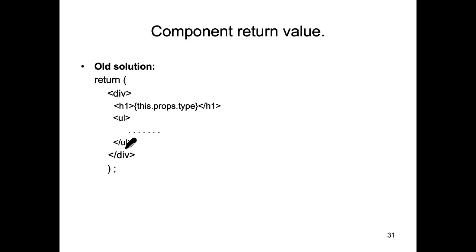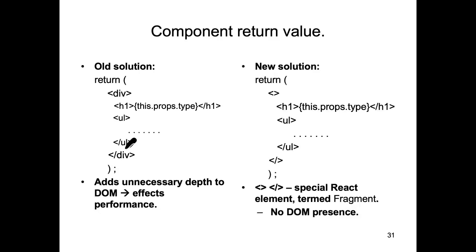This was a problem in the early days of React because of all these additional divs that we had to introduce. And so what they did was they gave us a new tag called the fragment tag, which is this one over here. It has the same role as what the div is doing, wrapping all of this into one JSX element.